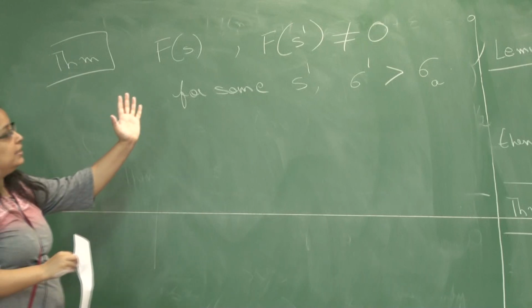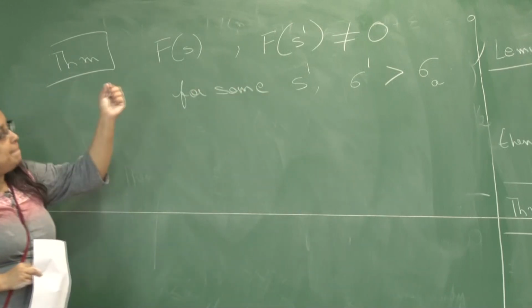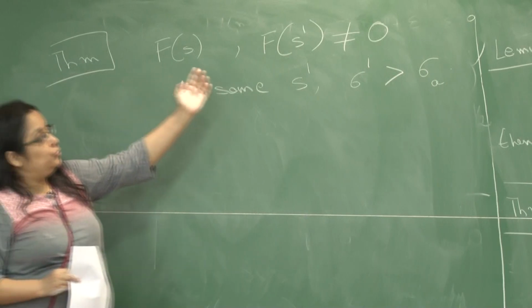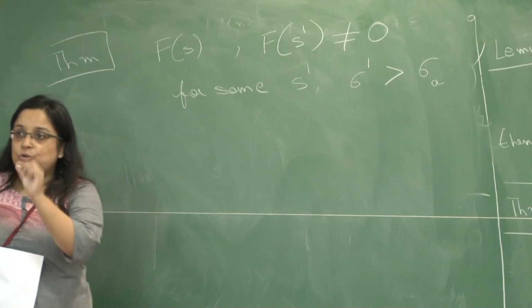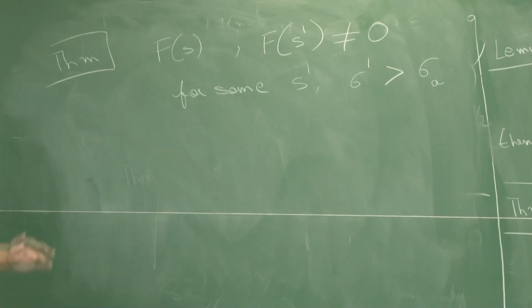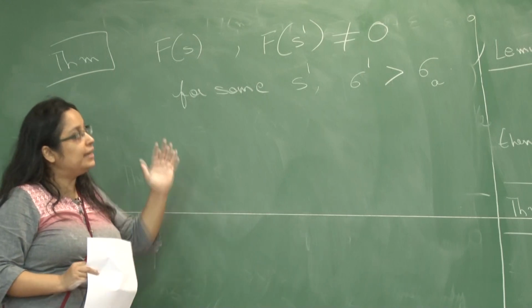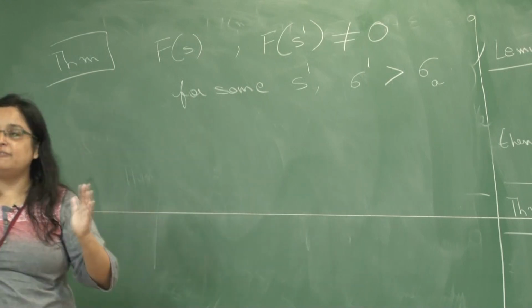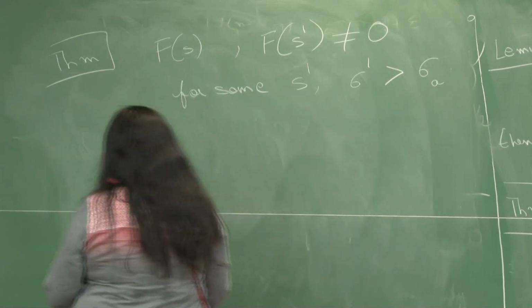So that means in the half plane of absolute convergence, there is some point where this function does not vanish. And from one point where the function does not vanish, you can deduce an entire half plane where the function would not be identically 0.